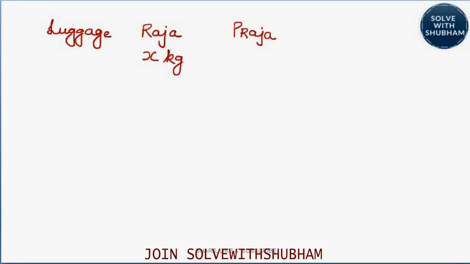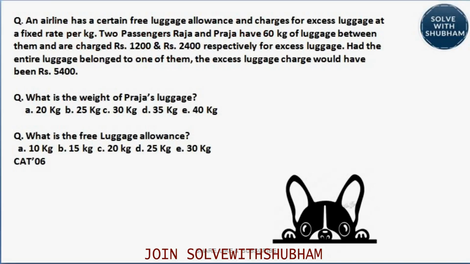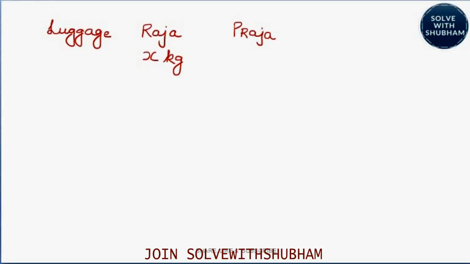Assume Raja is having X kg of luggage. The total amount of luggage has been given as 60 kg. So if Raja is having X kg, Praja would have 60 minus X kg.